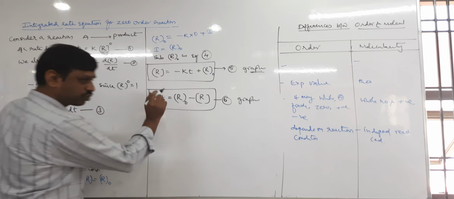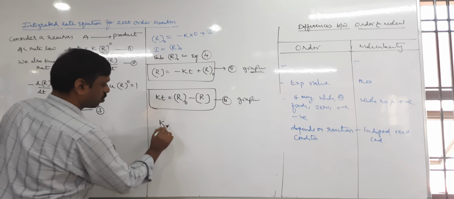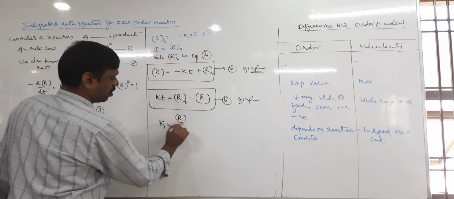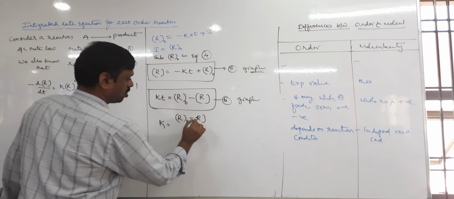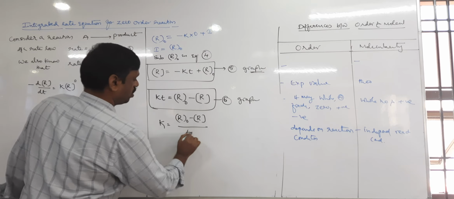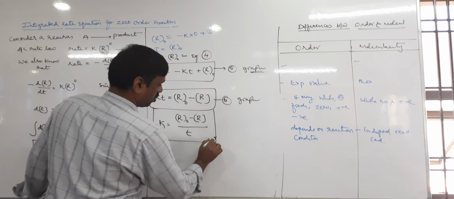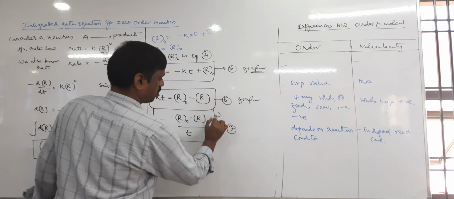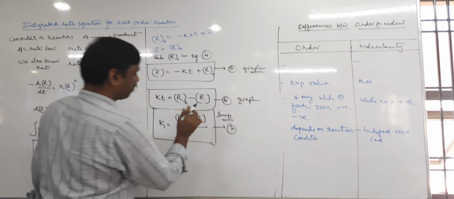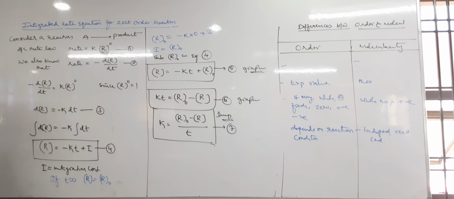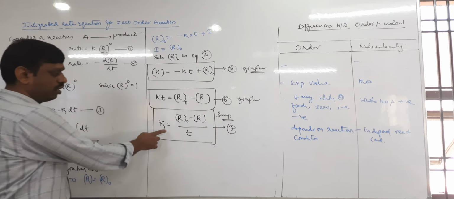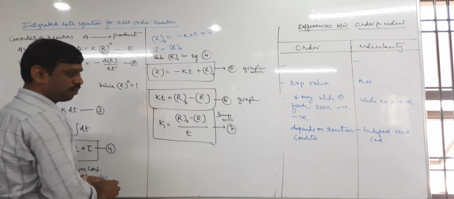Next, but actually we want K. So K equal to what? R naught minus R by t. Important for problems. Therefore, for zero order reaction, from here onwards we take this equation: K equal to R naught minus R by t.